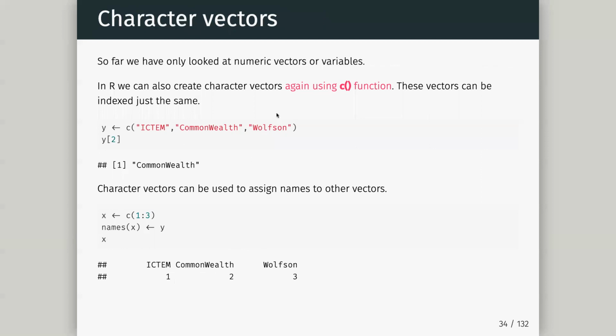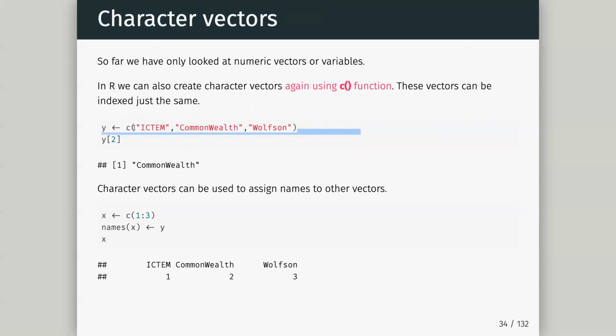So far we've looked at numeric vectors and variables, right? 1 to 10, 2 to 100 by 2. Vectors can also contain characters or strings. And again, we can just use the combine function. So it doesn't matter if the vector is numeric or string, we can still use combine. And here I'm going to create a string: ICTEM, Commonwealth, Wolfson.